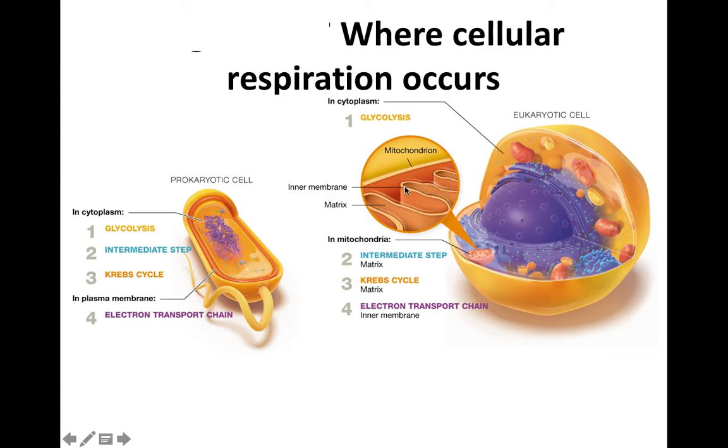And this is so neat, you guys, because according to the endosymbiotic theory, mitochondria evolved from primitive aerobic respiring bacteria. And according to the endosymbiotic theory, the inner mitochondrial membrane evolved from what? The primitive bacterial cell membrane, right? The ETC is located there, and ATP synthase is located there.